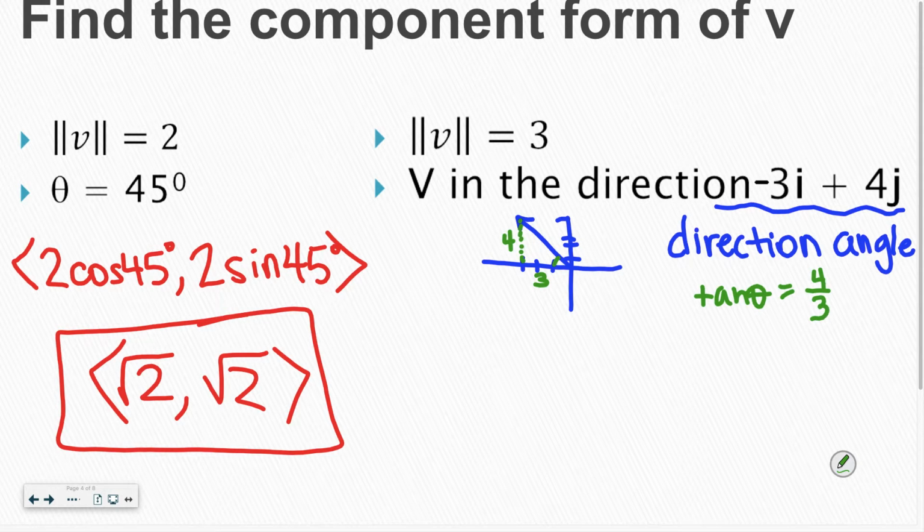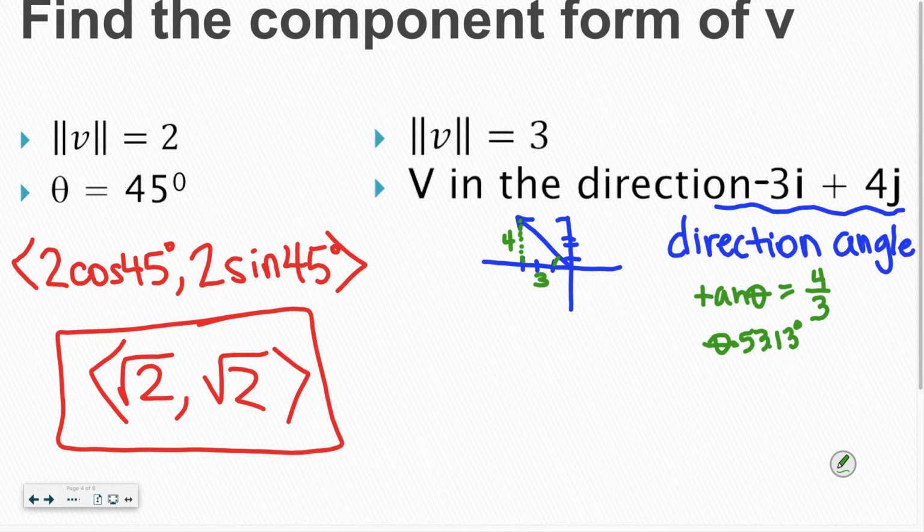So in your calculator, you would need to type in the inverse tangent of 4/3. Whether you type in negative 4/3 or positive 4/3, it's really not going to matter. Some of you have this 3 as negative, some of you have it as positive. I don't really care. What does your calculator spit out when you do that? 53.13.